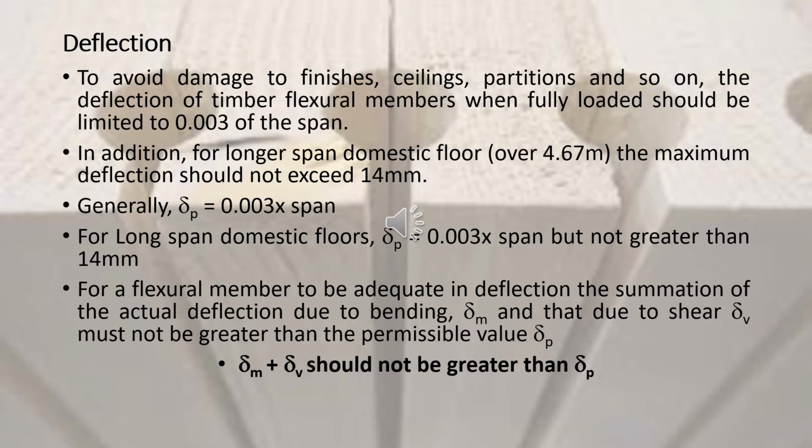All right, the maximum deflection should not exceed 14 millimeters. All right, so this is another condition that you have to bear in mind. You have to look at it thoroughly. Now, generally, the thumb rule is that the deflection should be within 0.003 times the span.